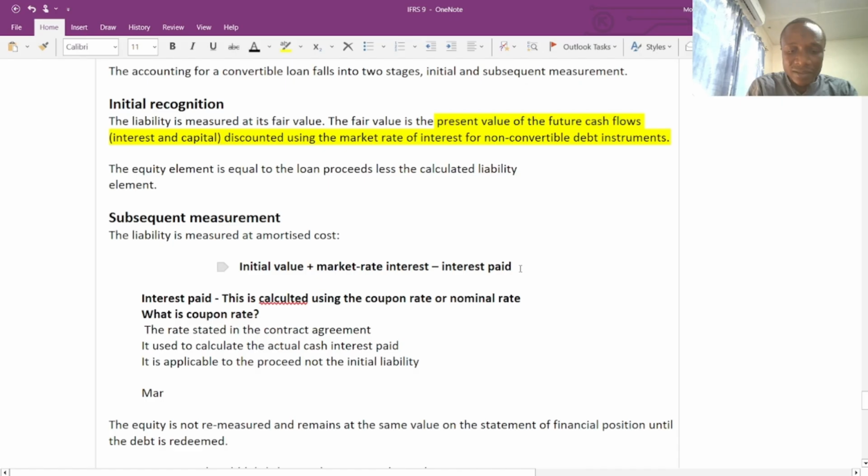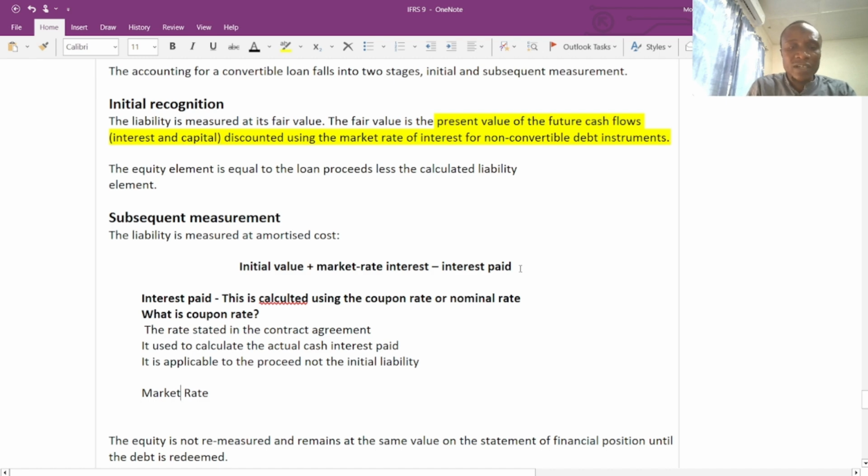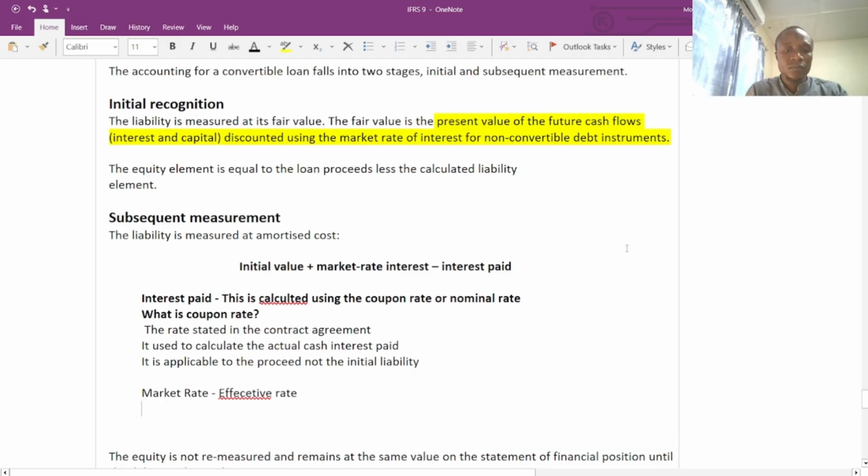So now we are going to look at the market rate. Market rate can be the effective rate. For the market rate, this is the interest rate required by the market for similar conditions. This is what we refer to as market rate.